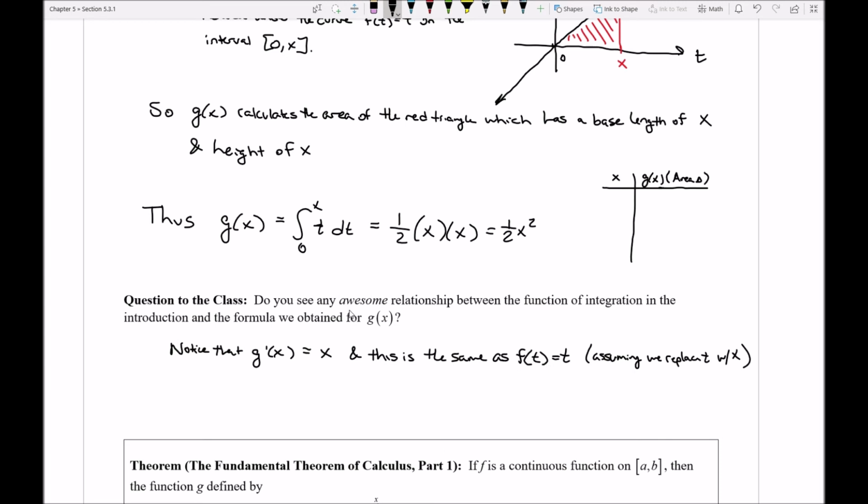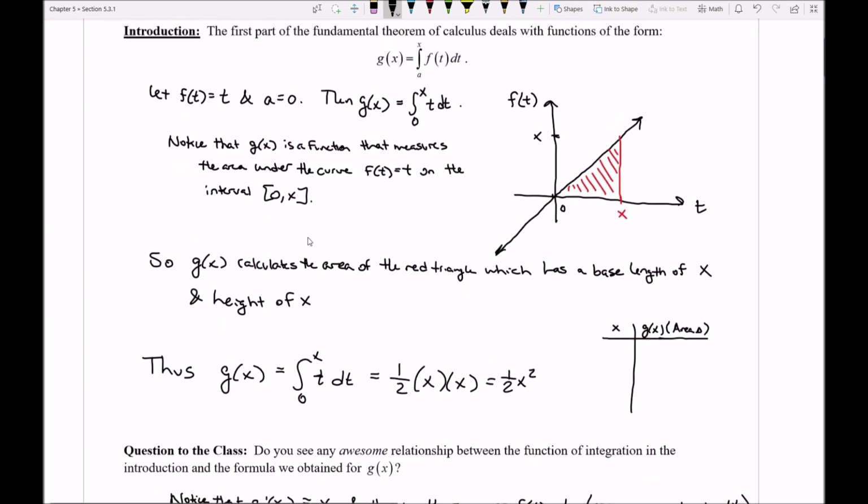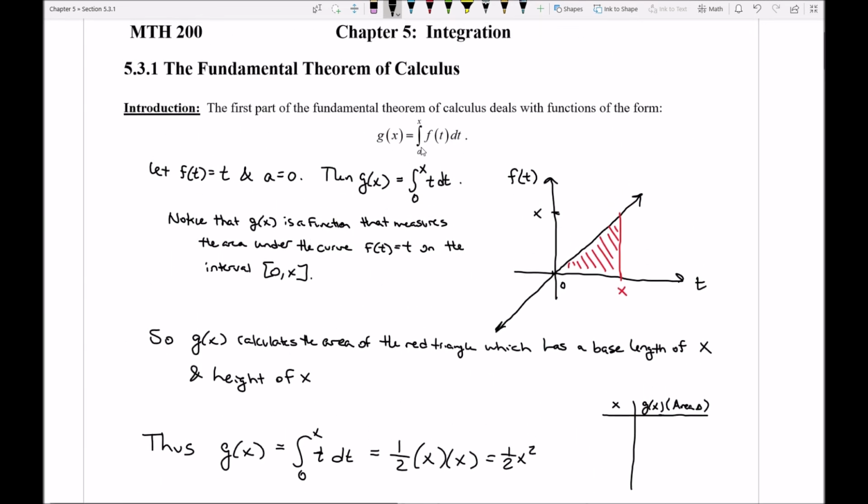So from this, what we can begin to expect is something really surprising. Interestingly here, when I took the derivative of one of these big, scary integral functions, what I ended up with was really just the formula of the function that I was integrating. It's almost like by taking the derivative, we neutralized the integral.